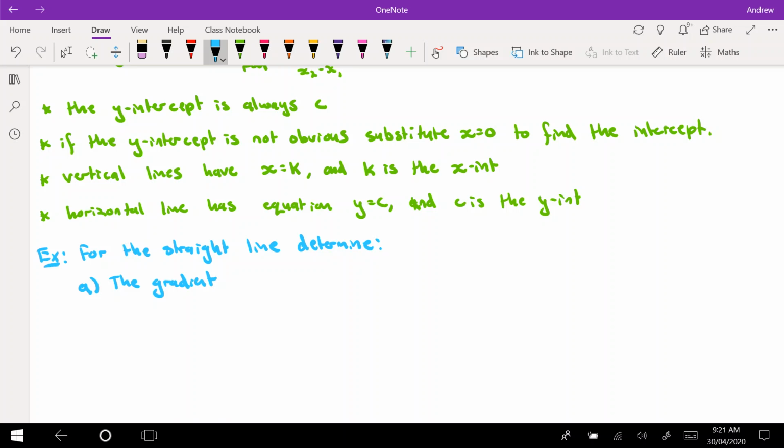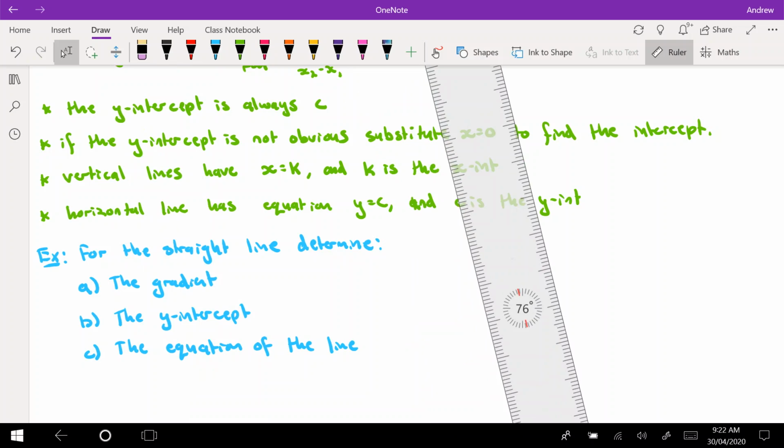The second part will be the y-intercept. And lastly, we want to try and figure out the equation of the line. Equation of the line. And I'm going to draw my line now.